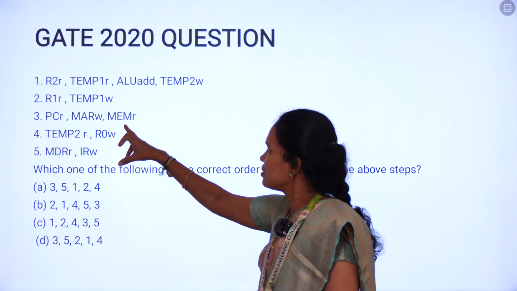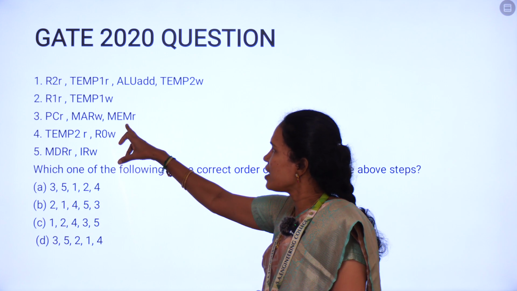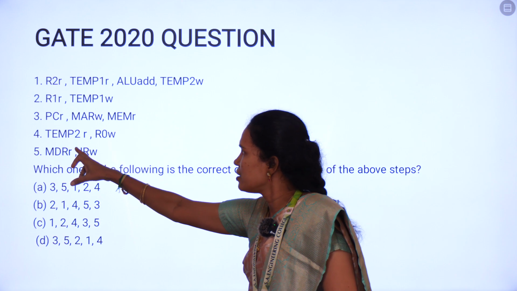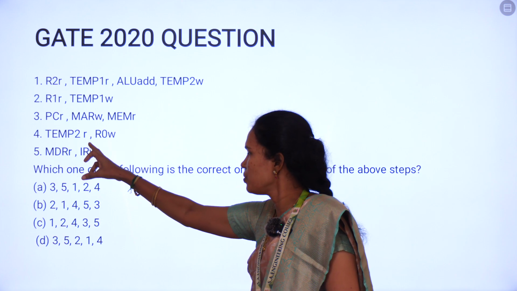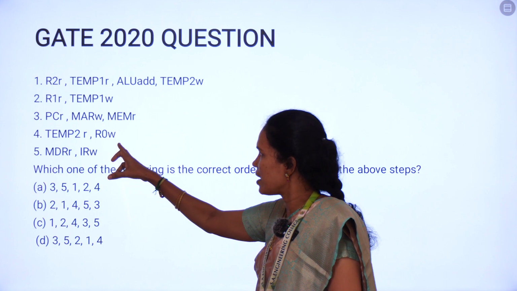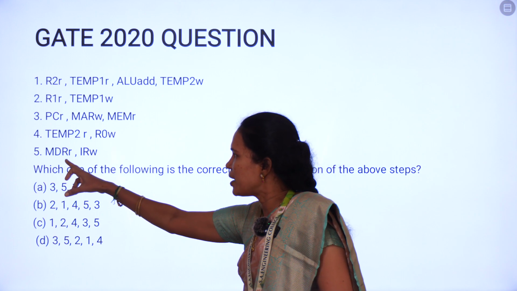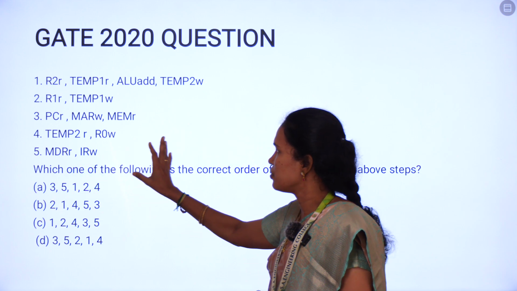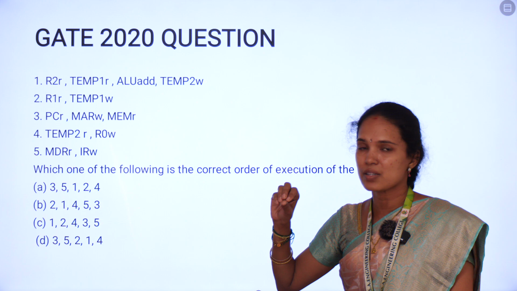Then again it is for reading that memory address. Temp2 is temporary 2 read, R0 is another register write, MDR is memory data register read, and IR is instruction register W. So this is what they have given, 5 instructions.